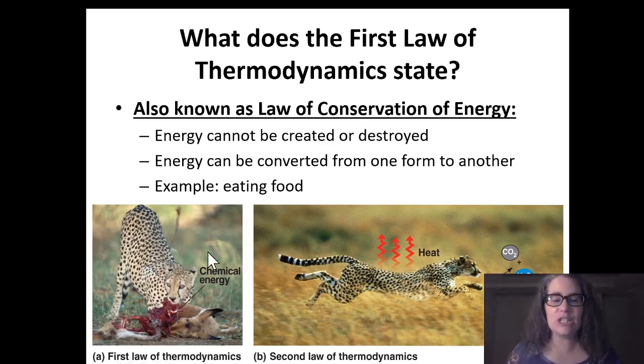So if we see this cheetah, like in a living thing, it is eating chemical energy in its prey item, and then converting that chemical energy into energy of motion or heat energy as it heats up its body, these kinds of activities. So this is the first law of thermodynamics. Energy cannot be created or destroyed, but can be converted from one form to another.